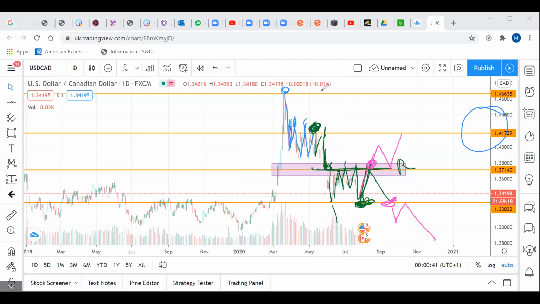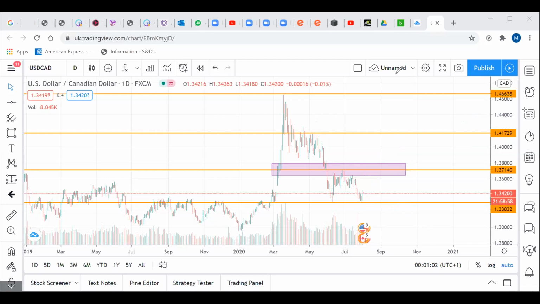So that's it. That is support and resistance. I hope this has made sense. I know right now I've got a lot of scribbles on the screen. And now when you look at a chart, you don't have to draw them, but there are pairs that really follow these support and resistance zones well.